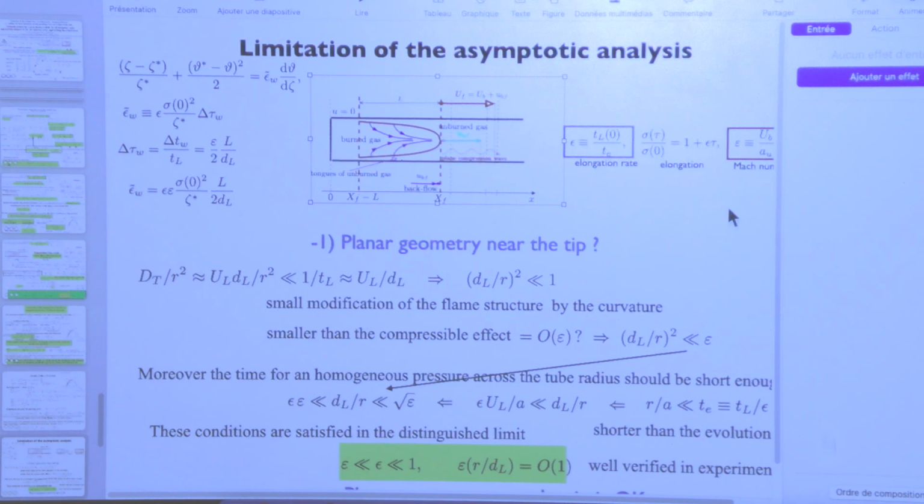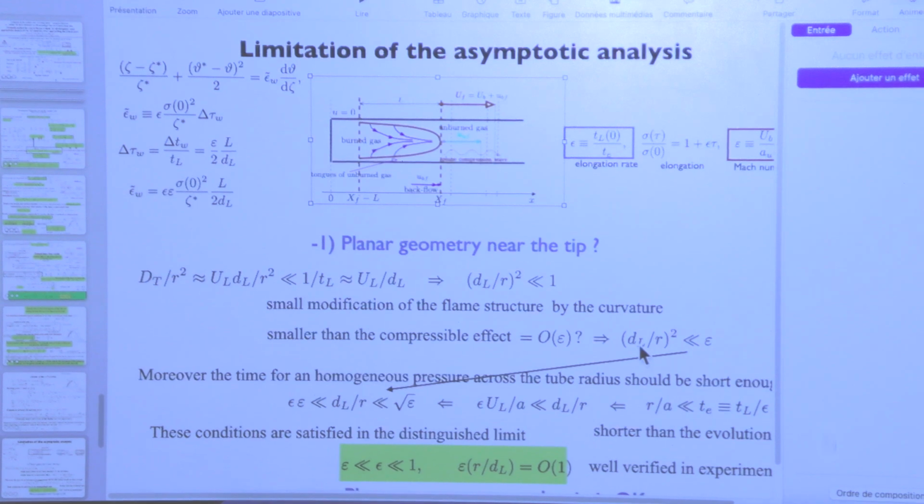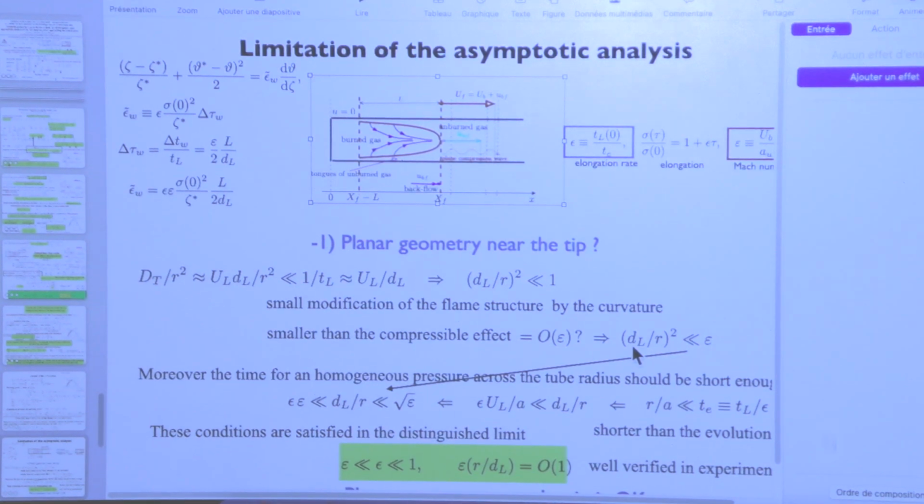So what you need is that the length should be long enough compared to the flame thickness, in order to still consider the flame here as planar.